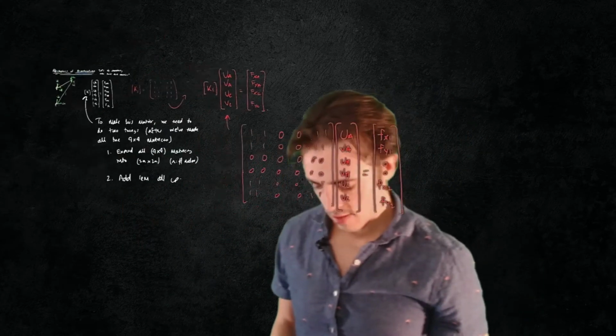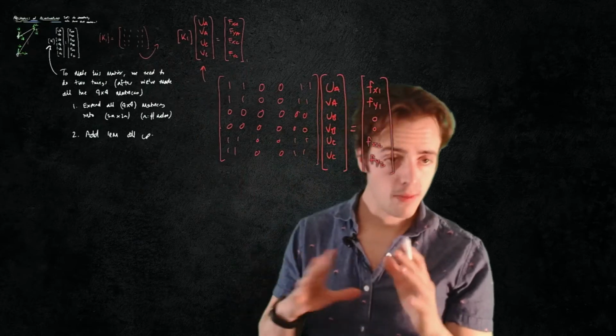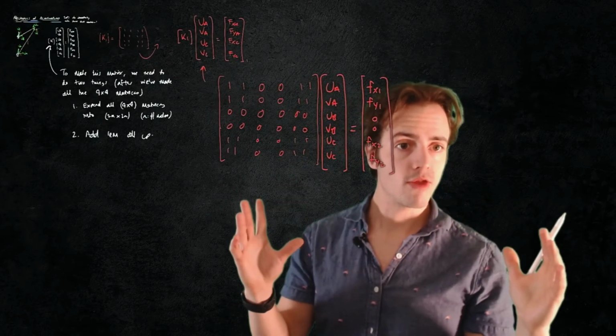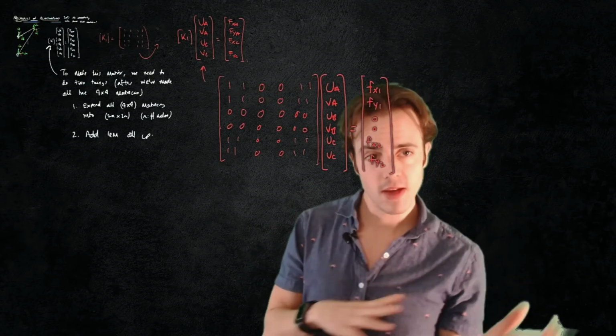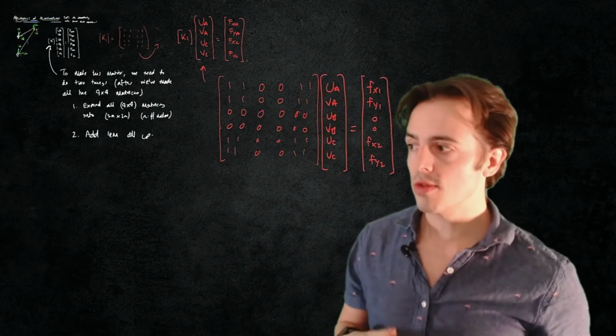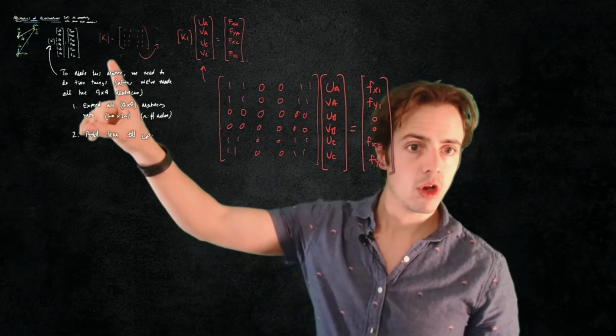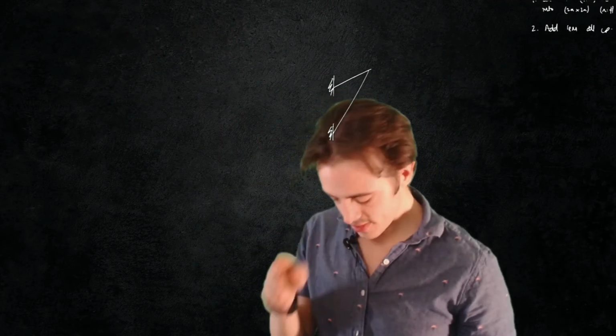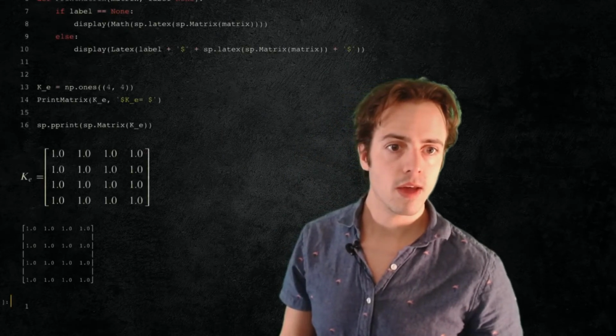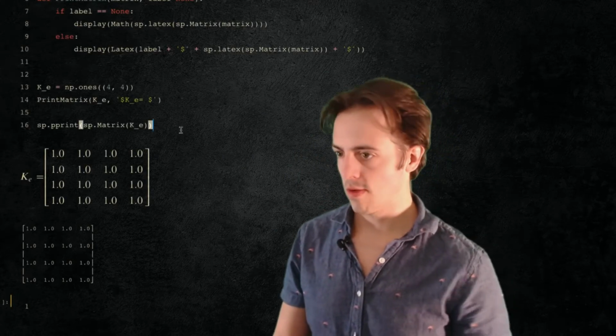So the way that we're going to make these matrices is by starting out with a 0 matrix that's equal to 2n by 2n, and then figuring out how we put the rows and columns from this 4 by 4 into this big matrix here. So let's go over to Python again. I can get rid of this printing bit here.